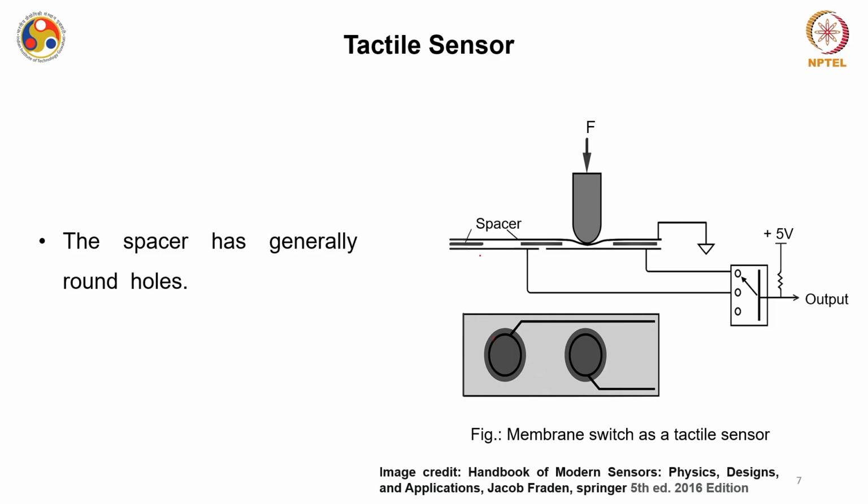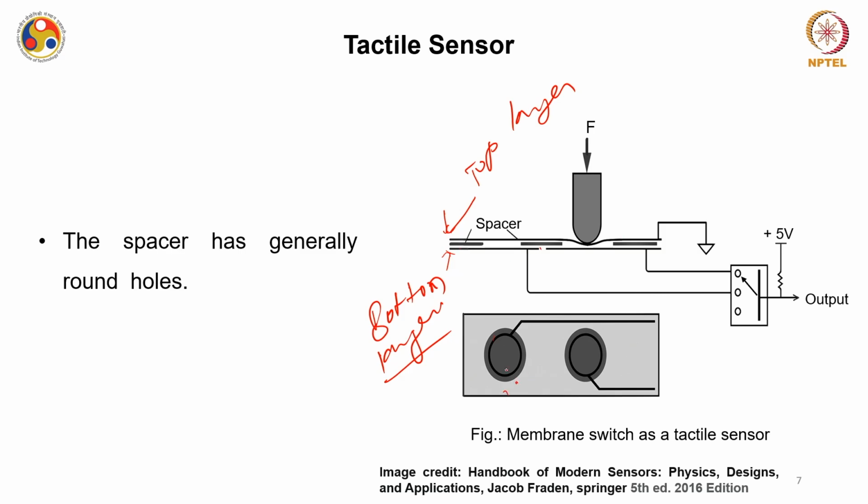You can see that you have two layers of thin films, sometimes also called foil. This is layer 1, or I am calling it the top layer, and this is the bottom layer of the foil or thin film. Then you have spacers in between, something like this.